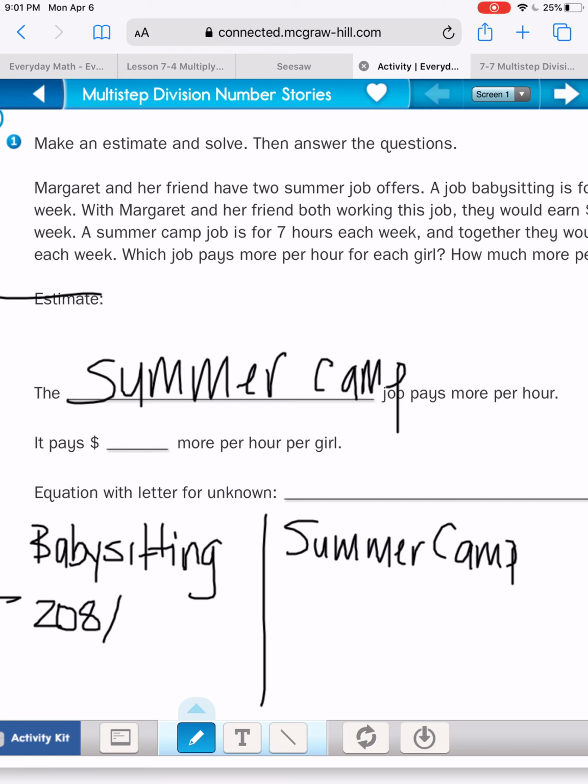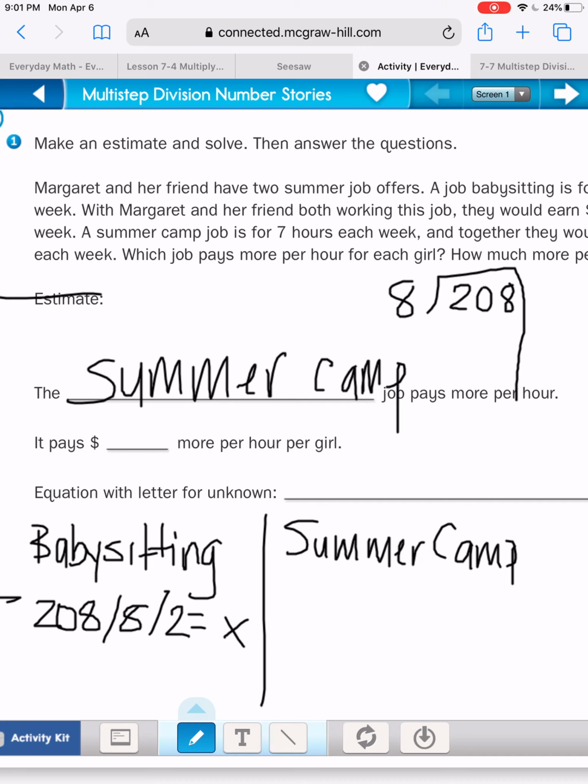We would divide that by 8, and then we would have to divide it again by 2. The reason we divide by 2 is because there are 2 girls working, so they would have to split the pay in half. All right, I'm going to solve this problem. I don't have a lot of space, but I'm going to do as much as I can. So 208 divided by 8.